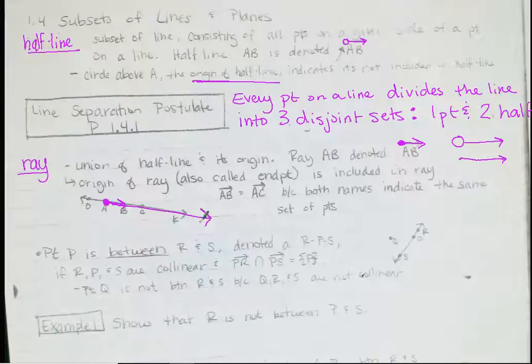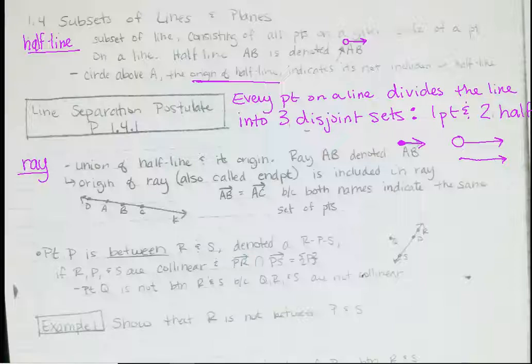So that's the same thing as calling it AC because that line still continues on. Ray AB is also equal to ray AK. It doesn't matter because the origin is still A and it's still going the same direction. We don't care what we name it per se, it's going to be the same.